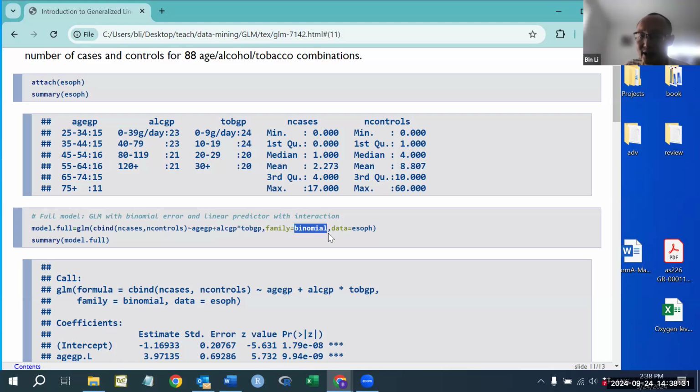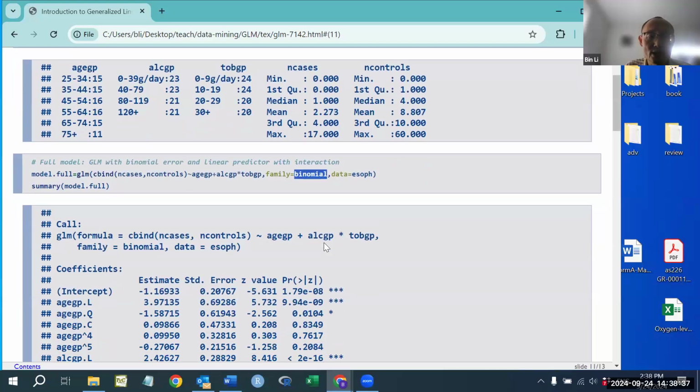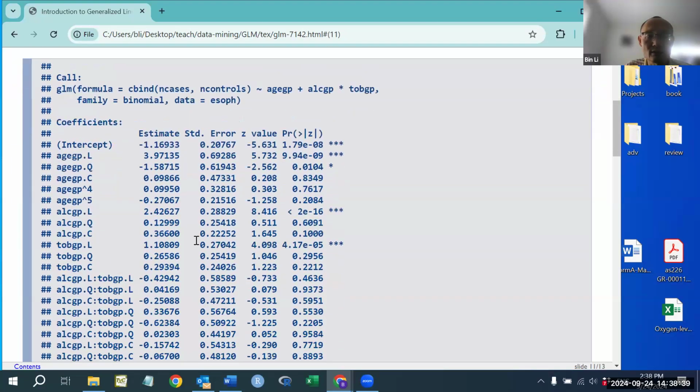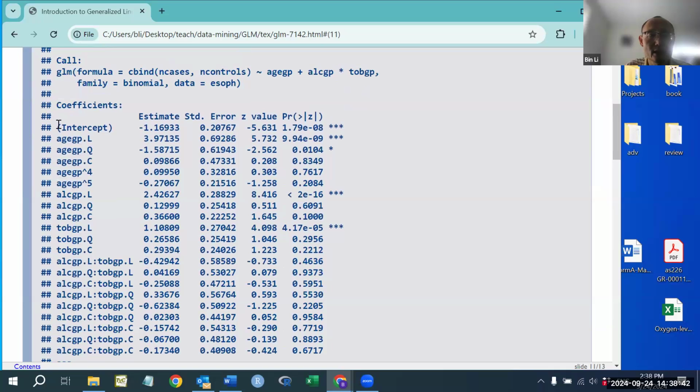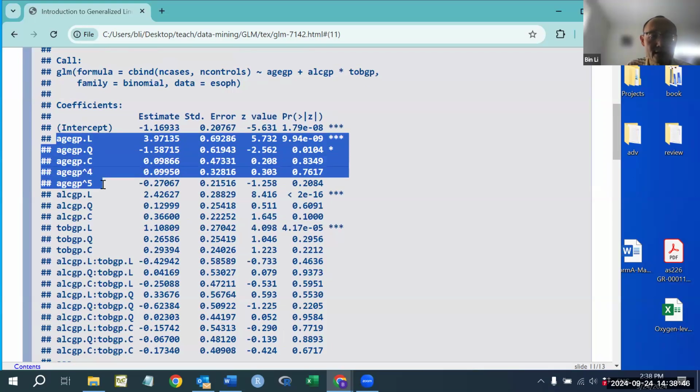I didn't specify the link, so that means I will just use the default link, which is the logit. So this is the fitted model. You can see the first one is the intercept, right? The next few lines are the age group main effect.